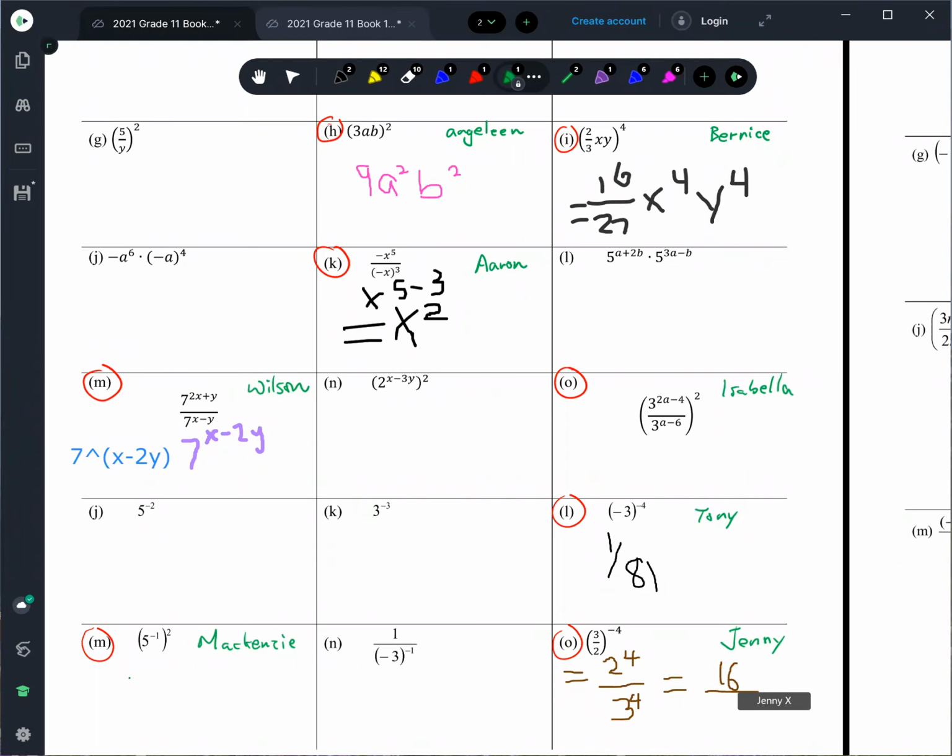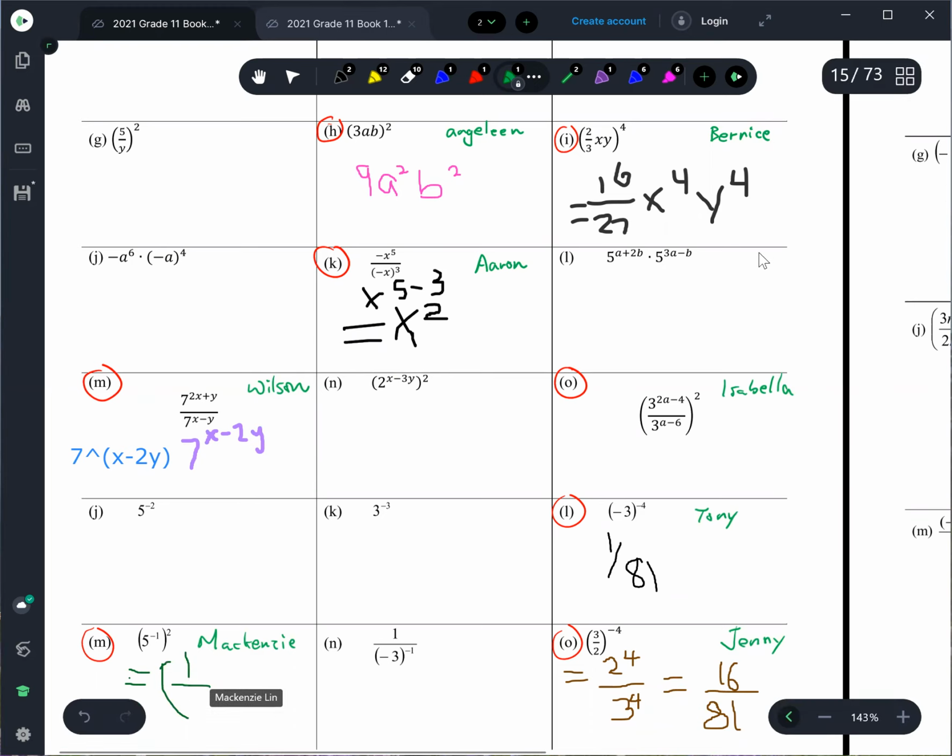Can you find it, Isabella? Oh, yeah, I found it. Okay, where did you find it? Options. Mine says view options and then it says annotate there. Okay.